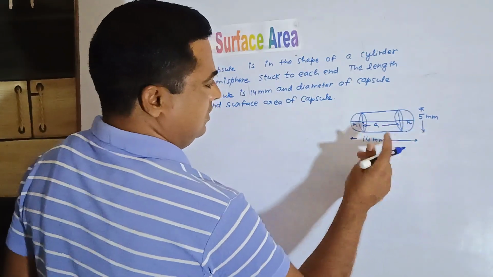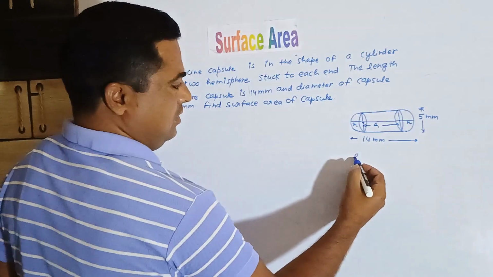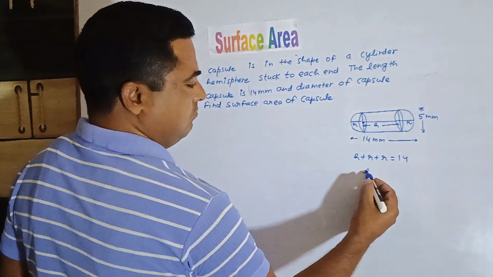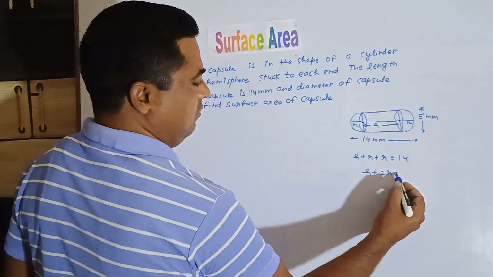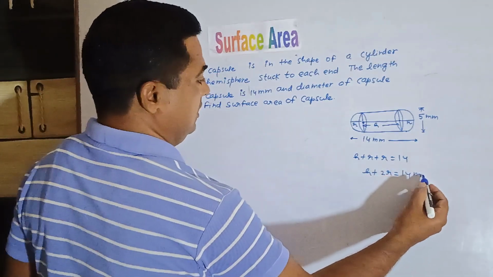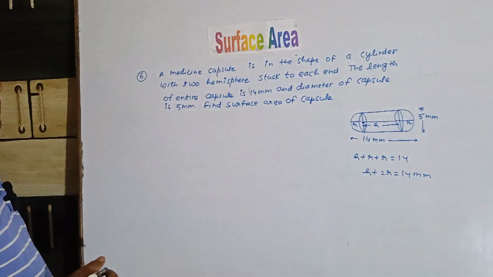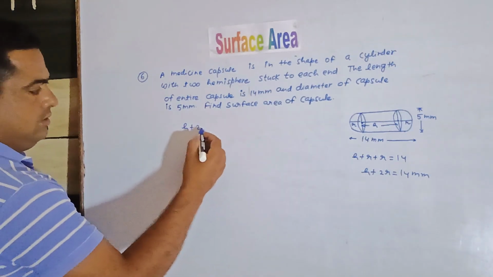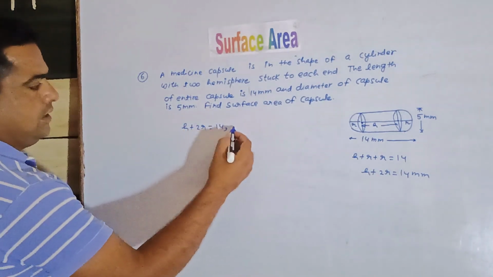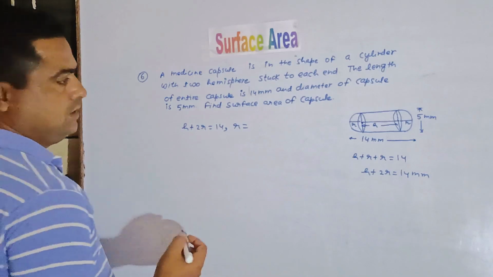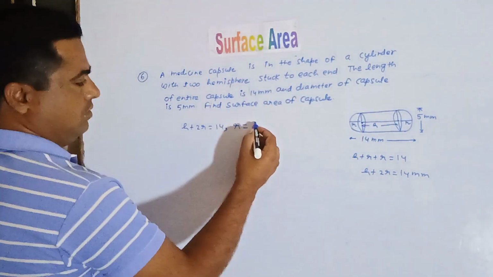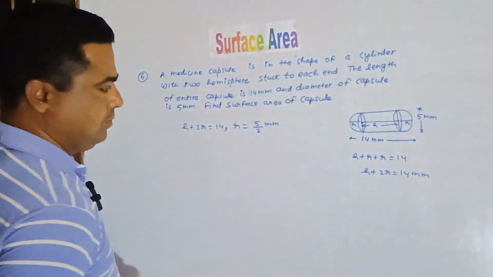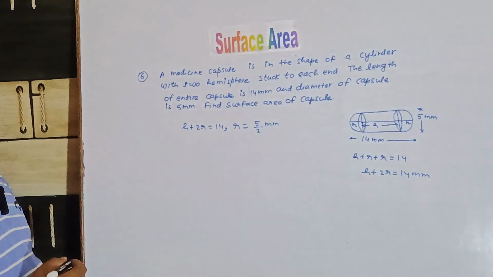This is also r. The value of h plus r plus r will be 14, meaning h plus 2r will be 14 millimeter. This is given in our question. The diameter is 5, so the radius will be half of the diameter, which is 5 upon 2 millimeter.